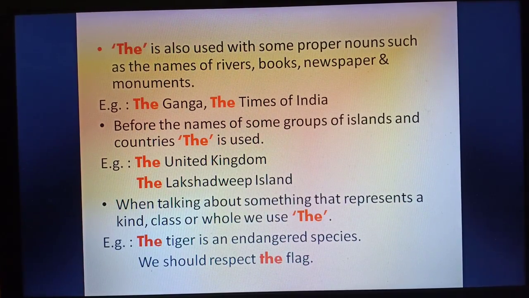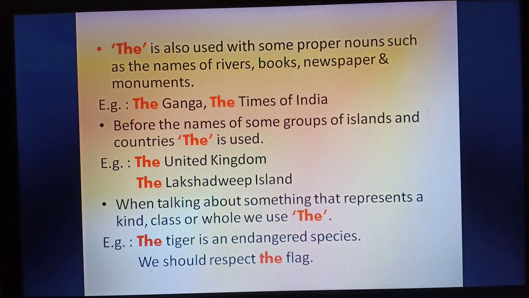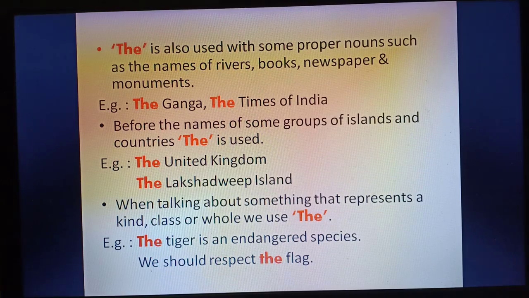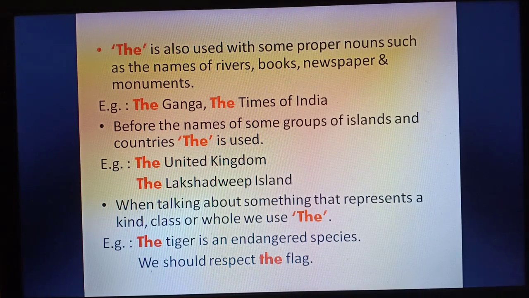The is also used with some proper nouns such as the names of rivers, books, newspapers and monuments. For example, the Ganga, the Times of India. Before the names of some groups of islands and countries, the is used. For example, the United Kingdom, the Lakshadweep Islands.